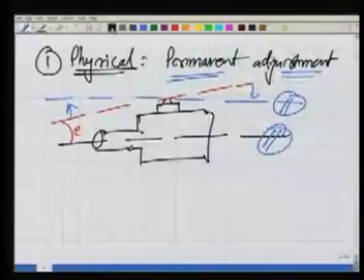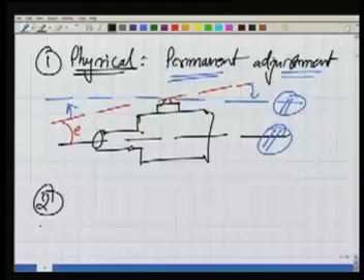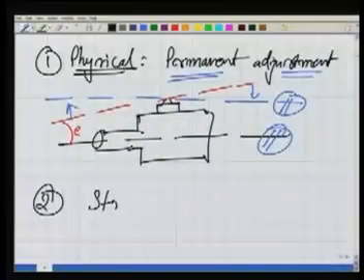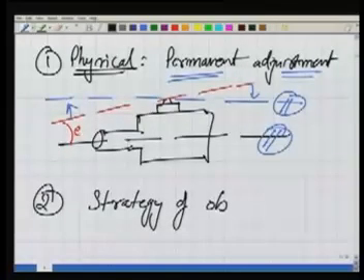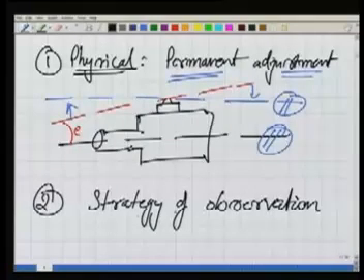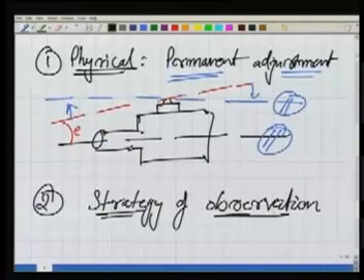What is the second method? The second method is, we don't do anything with the instrument, because not always we can change those things in the instrument. Rather, we adopt a strategy of observation. As you will recall, in case of theodolite also, we were observing the angles in a particular fashion, face right, face left, taking the average.